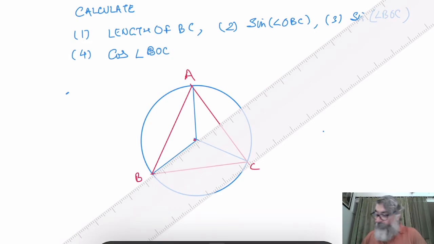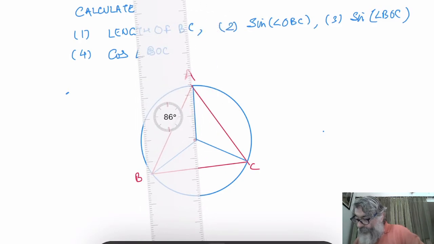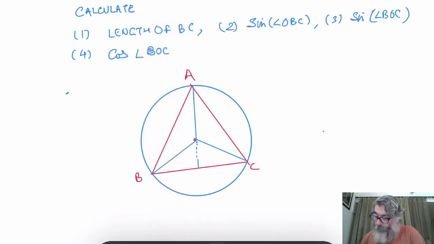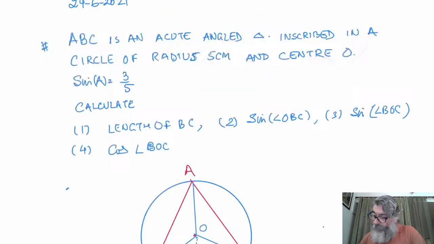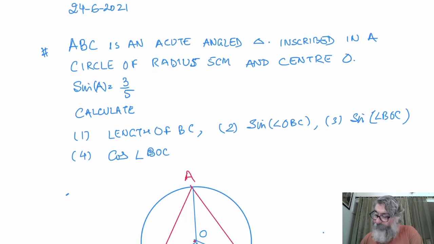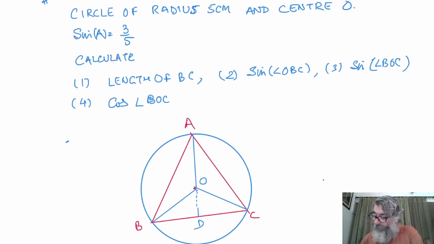Let the foot of the perpendicular from O be D. He says ABC is an acute angle triangle inscribed in a circle of radius 5 with center O. Sine A is 3 upon 5.